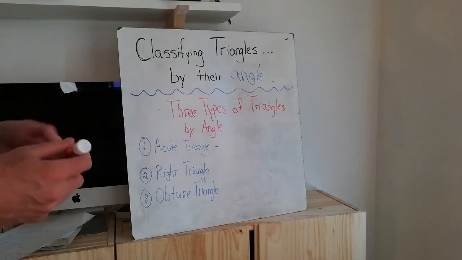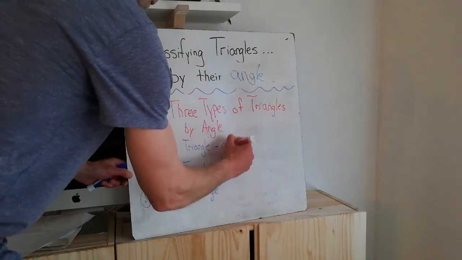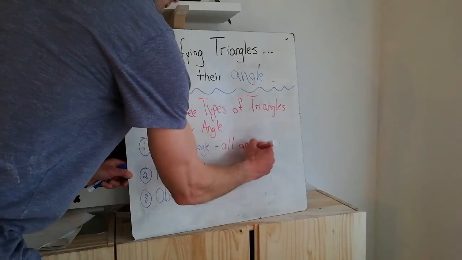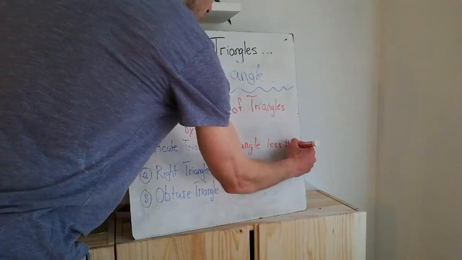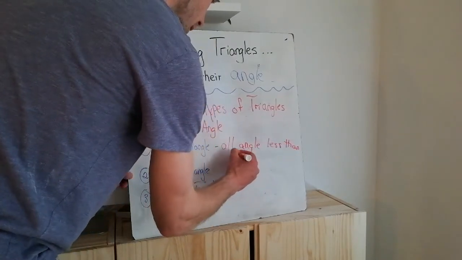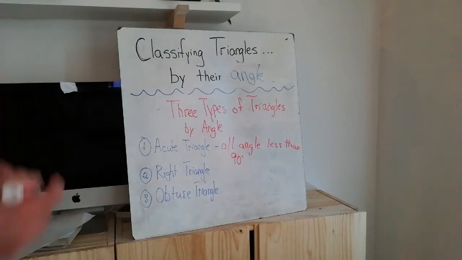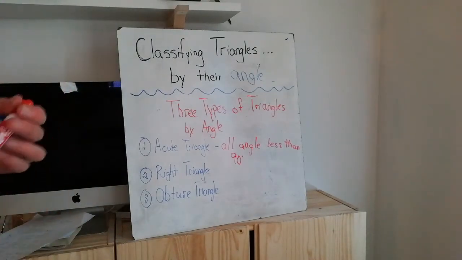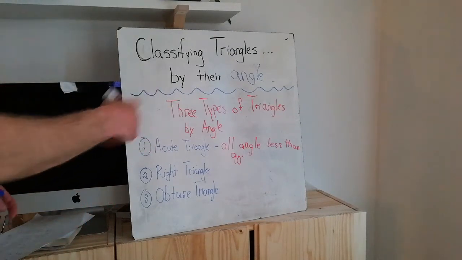So an acute triangle, all angles less than 90 degrees. So all angles less than 90 degrees, all 3 angles. And I'll give an example on the next board here.